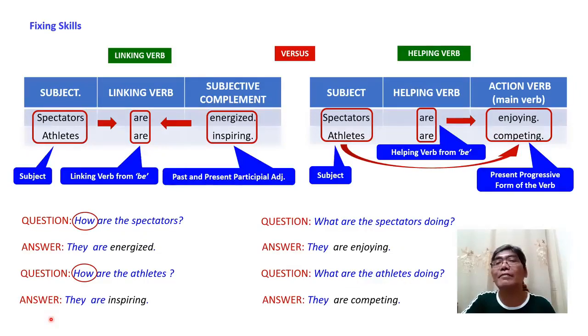And we can identify if a verb is a helping verb by formulating question beginning with what, or sometimes a question begins with which. This is the difference between the functions of the linking verb and the helping verb.